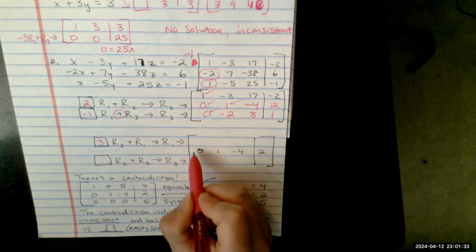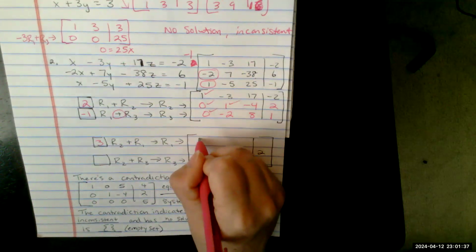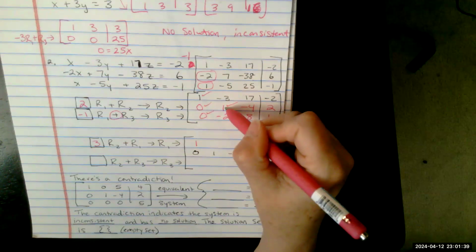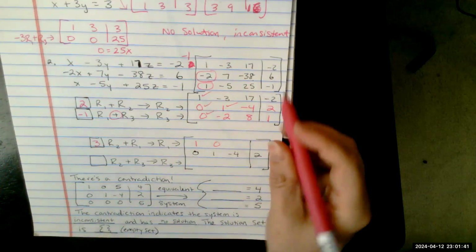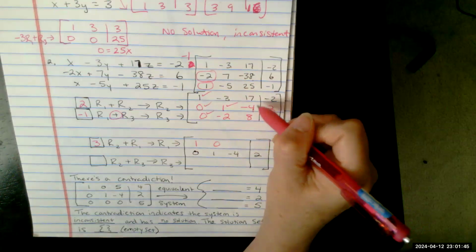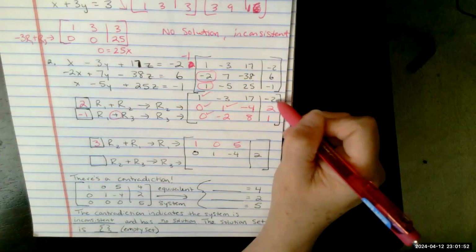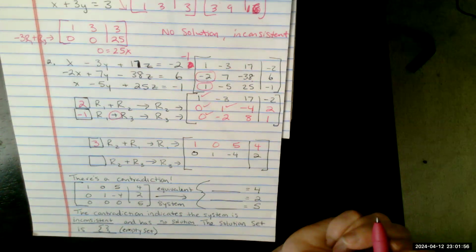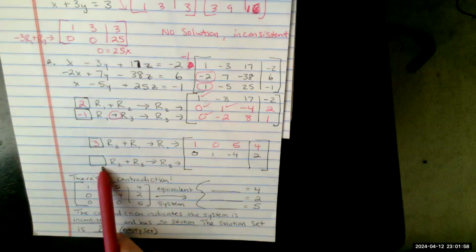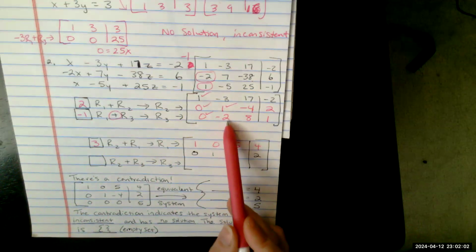So 3 times 0 is 0, plus 1 is still 1. 3 plus this is 0. 3 times negative 4 is negative 12, plus 17. And 3 times 2 is 6, plus negative 2 is 4. And so what could we multiply R2 by and add it to R3 to get that second 0?